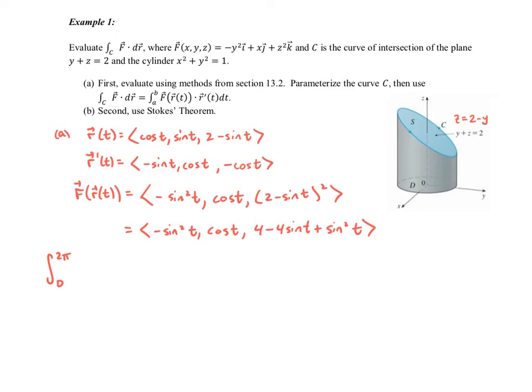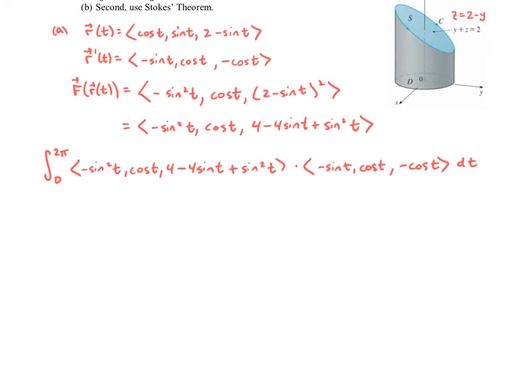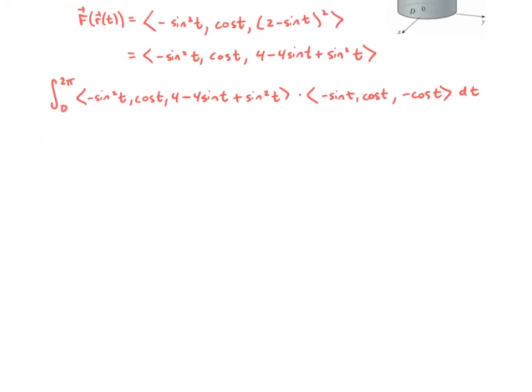And then we're going to take our vector F that we developed using the vector r, and dot that with our r prime vector. So we have negative sine t, cosine t, and then negative cosine t dt. Okay, I'm going to go ahead and pause this and set up the antiderivative, and then we'll continue.